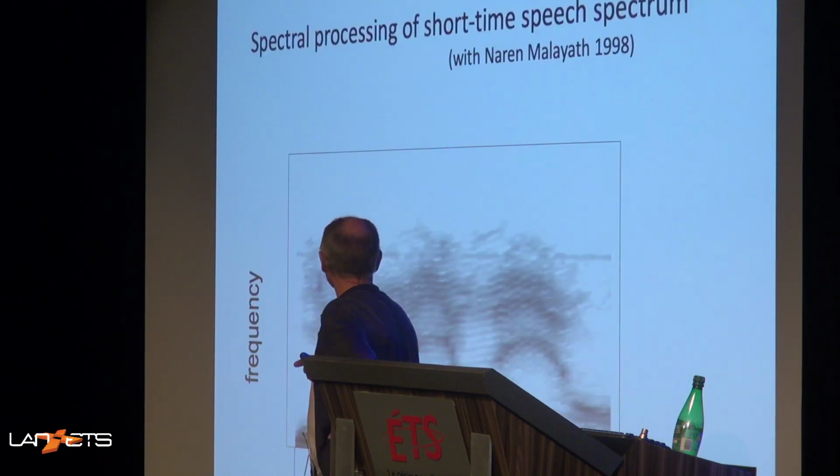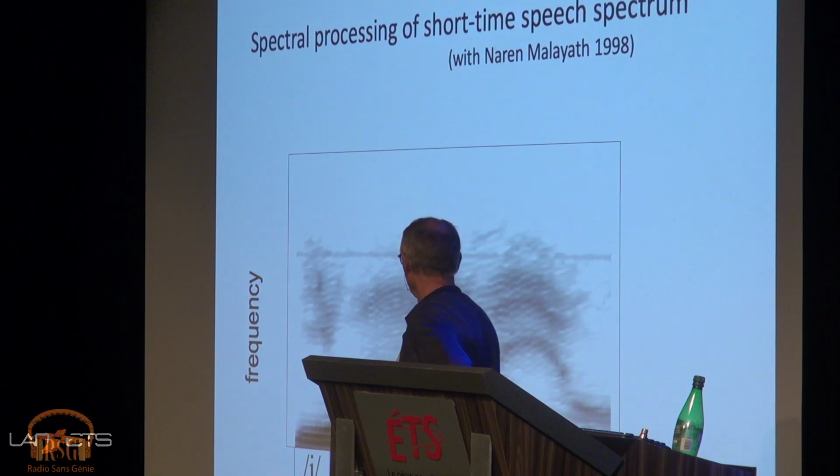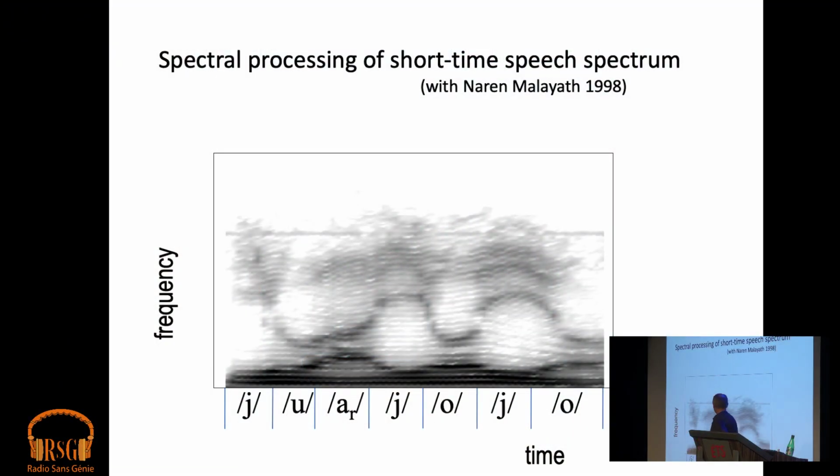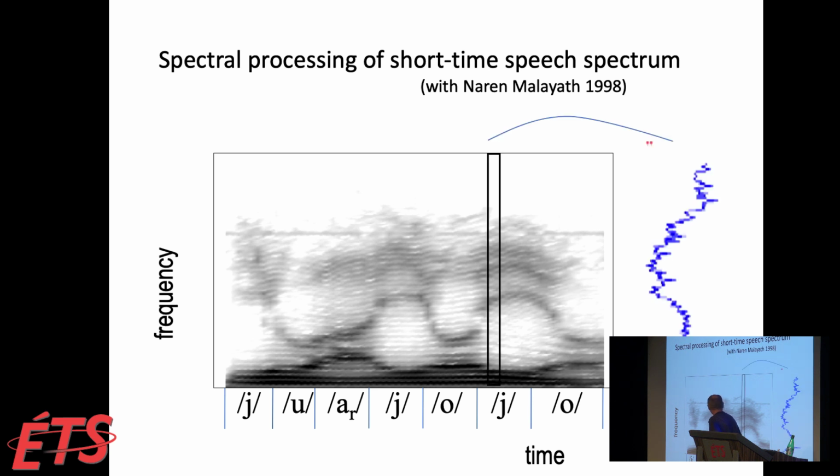So let's start. We have a spectrogram, and we know which part of the spectrogram describes which speech sounds. So this is a sequence U-I-yo-yo, and you know where the vectors come from. So you take the vector, and you say, well, it comes from the part of the speech which describes this sound. So I will put this short spectrum in, and I will label it with the label here.